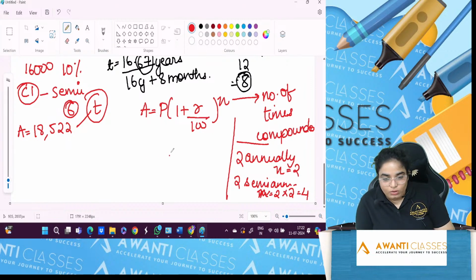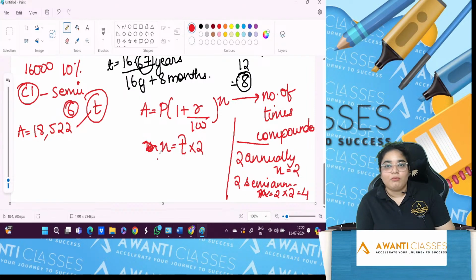That is how n will work. N you can call the number of times compounded. If it is semi-annual, then n is equal to t into 2, where time is the number of years. If the interest is compounded quarterly, 4 times in 1 year, then n will become t into 4.